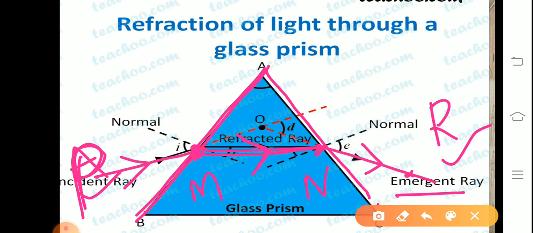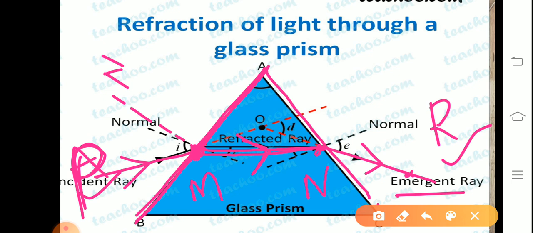Now just draw a perpendicular line to the plane AB through the point M. This perpendicular line acts as a normal.